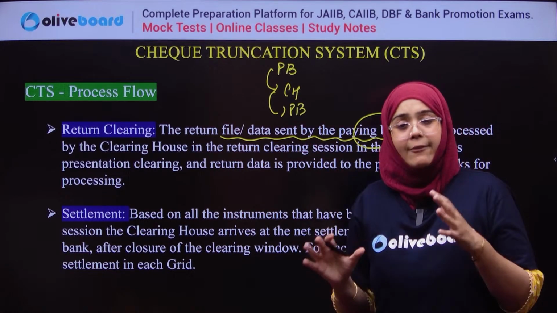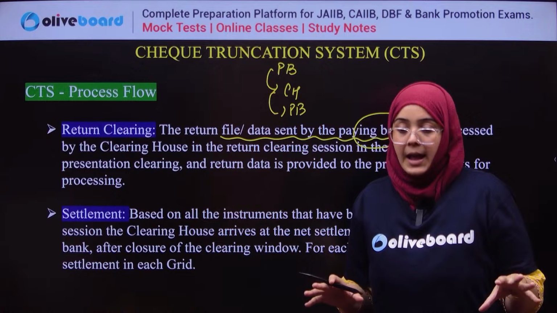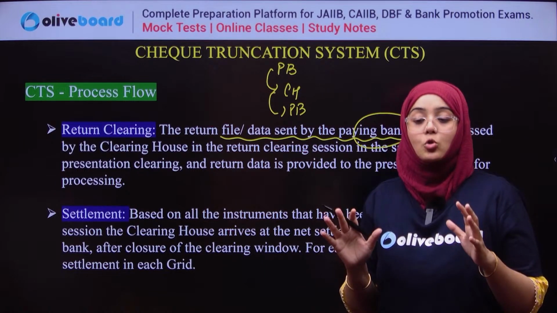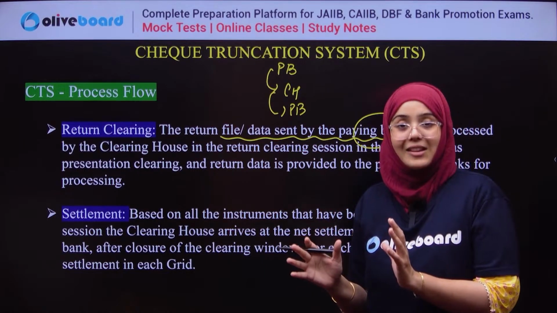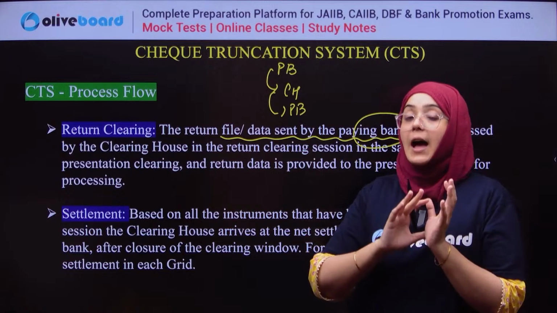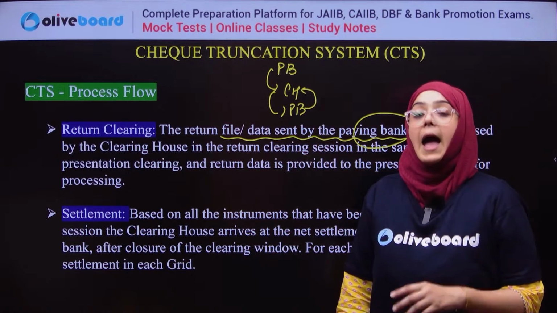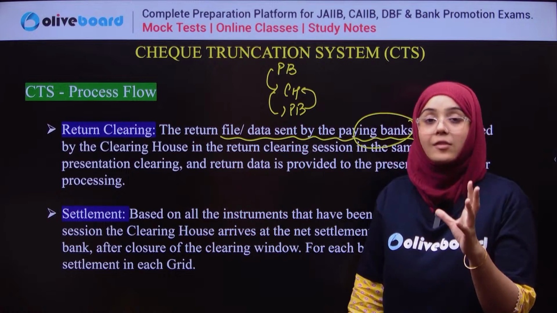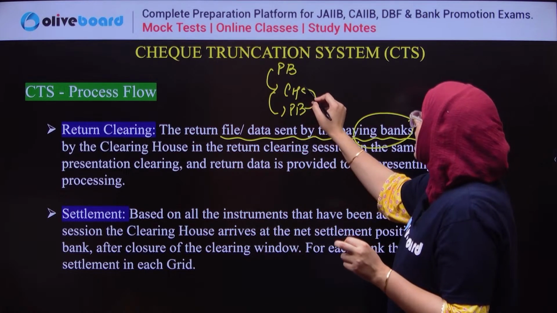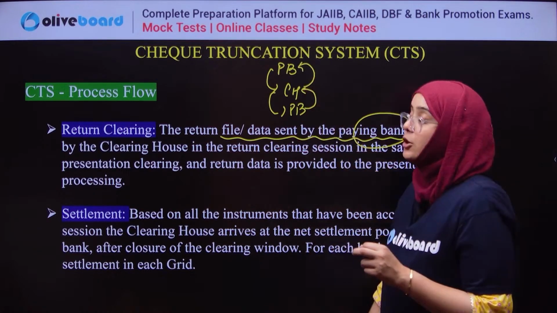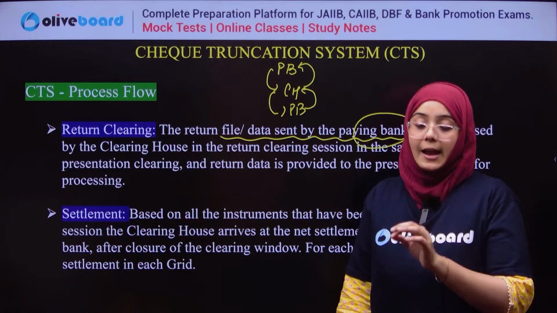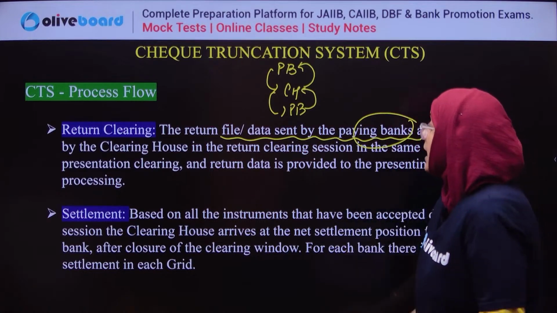Now, if the paying bank is not satisfied and wants to return the unpaid instrument, the file of the unpaid instrument is sent back to the clearing house, and the clearing house again processes all the data, and again sends this returned file to the presenting bank.